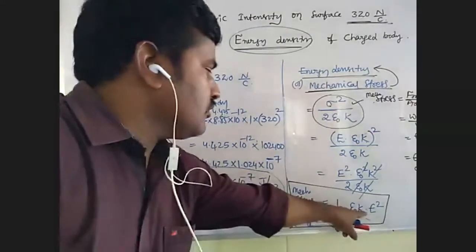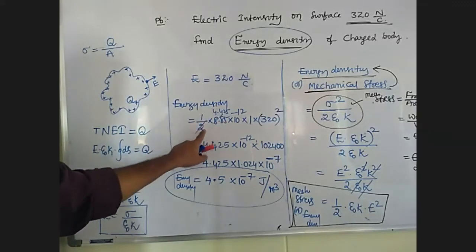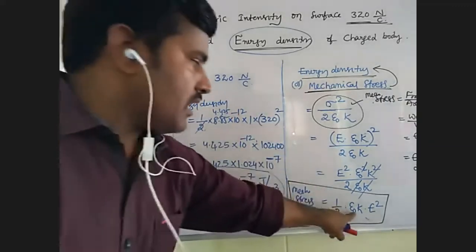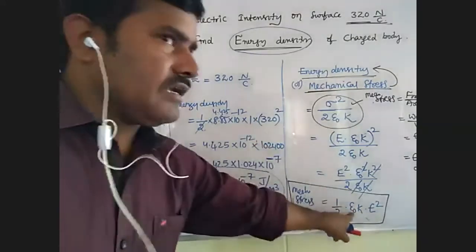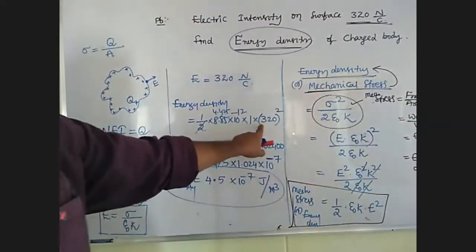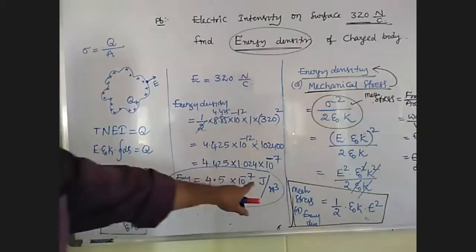The E value we know is 320, and energy density with epsilon naught 8.85 into 10 power minus 12, into K, the dielectric constant 1, into 320 whole square. After simplification, the energy density or mechanical stress is written as 4.5 into 10 power minus 7 joule per meter cube.